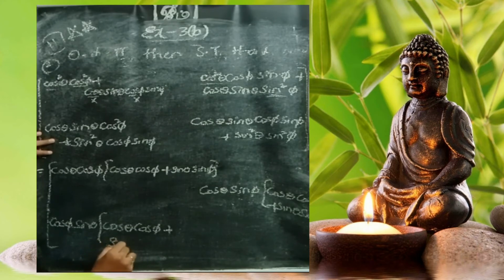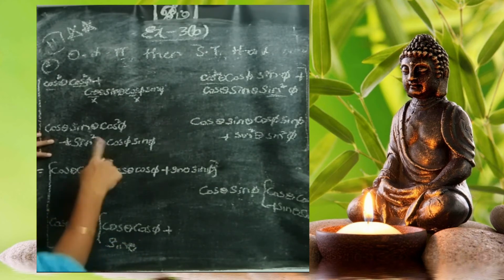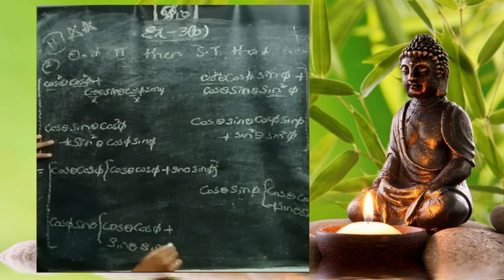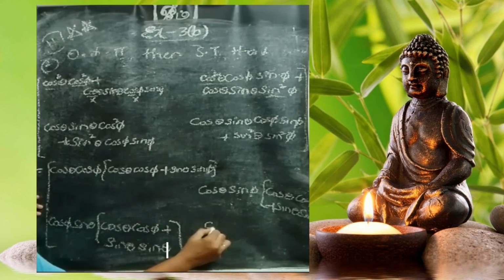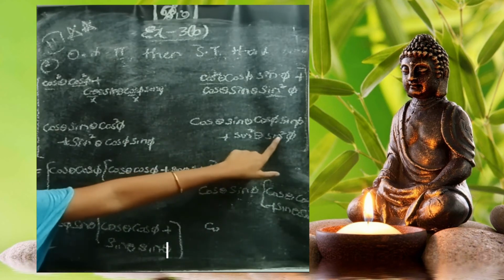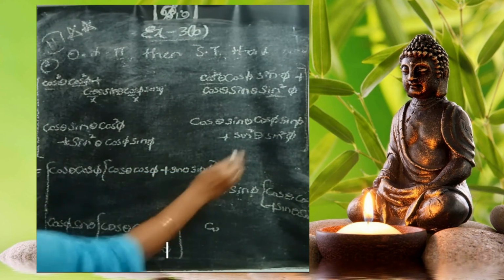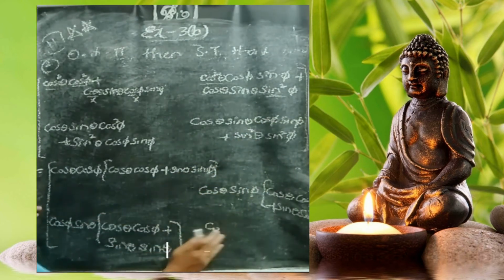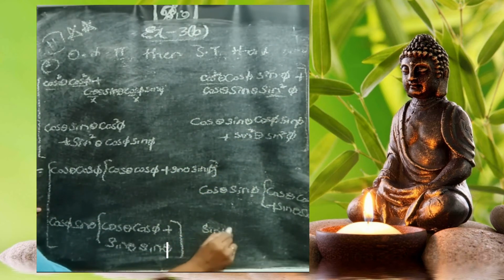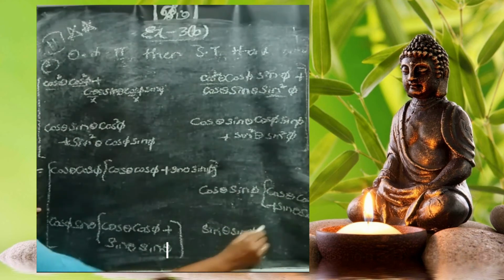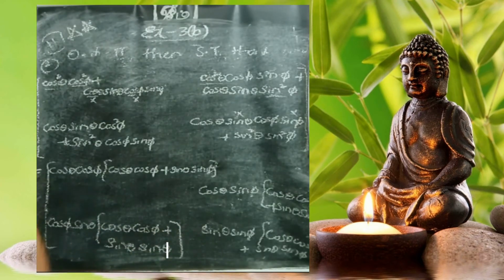Here square is there, so another will be there: sin theta. Cos pi already taken as common. Now here squares are there. Sin square pi, and sines, here two terms are there. So take as common sin theta, sin pi, sin theta, sin pi.